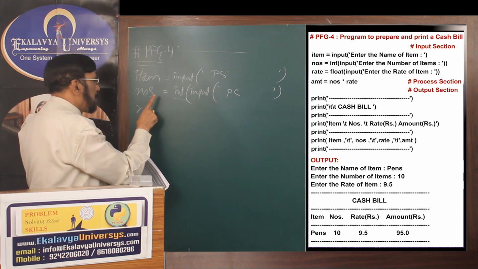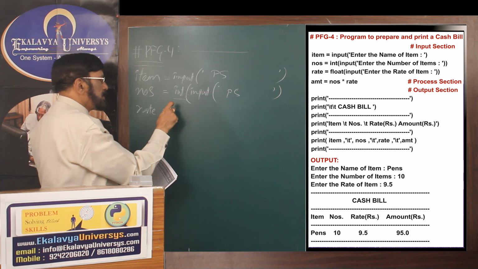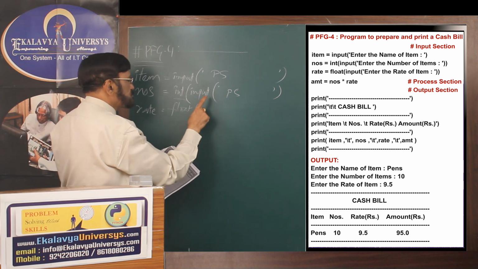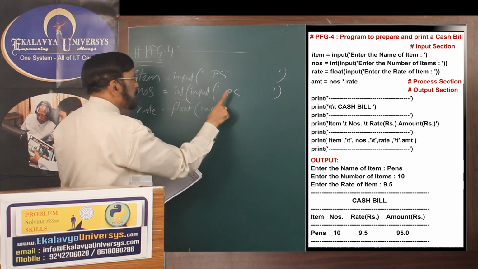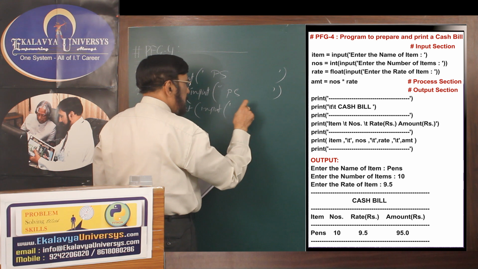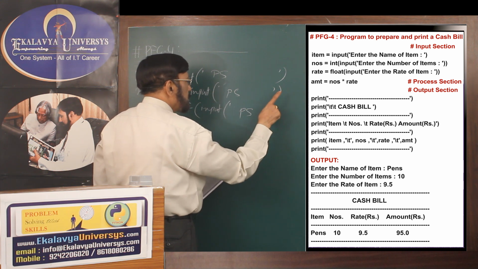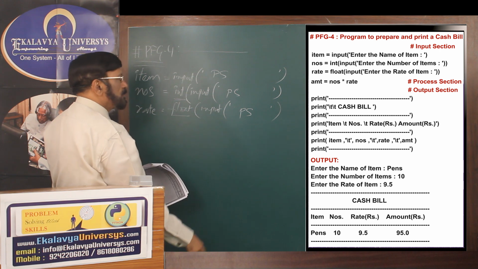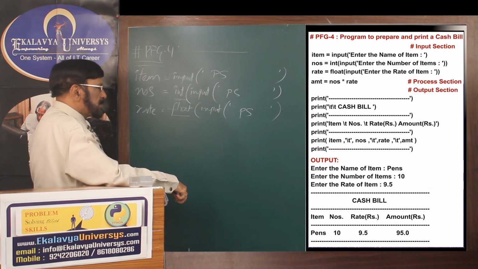Third one is rate. Here float, input. What to write? Prompt statement. Enter the rate per unit. Prompt statement you write. Okay, these two are new. This is the input section.